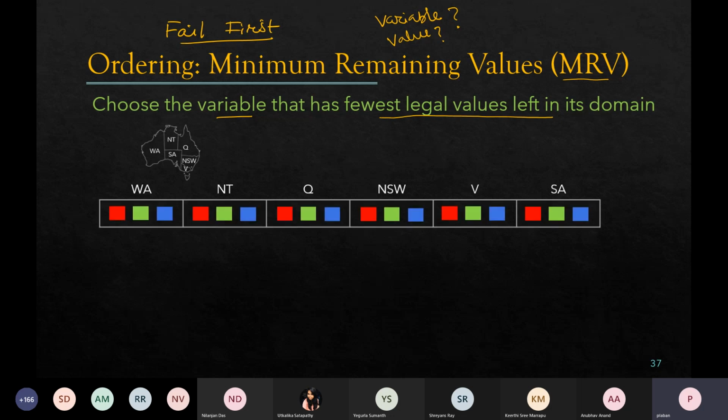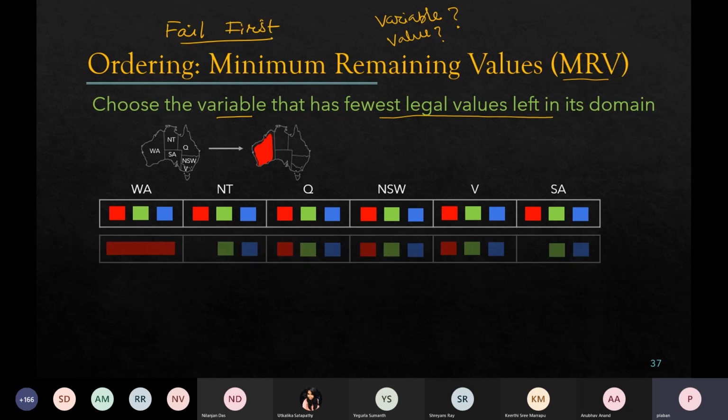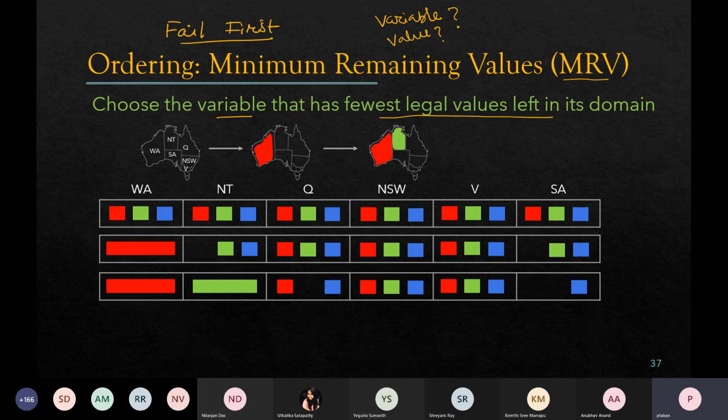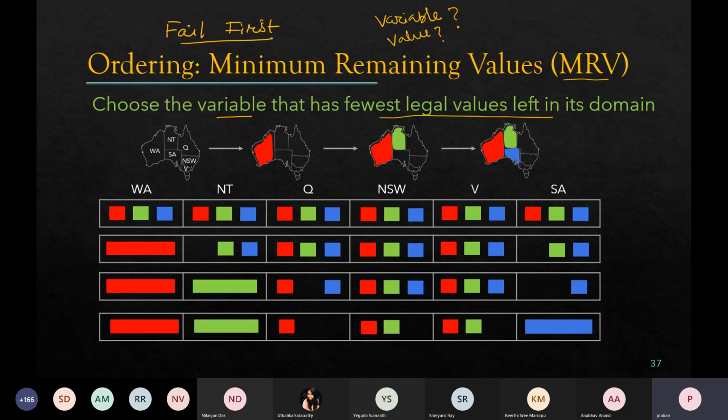The particular example in this case is the scenario where we have assigned red to WA, and we have two variables NT and SA. We can select either one of them using MRV. Let us select NT to be assigned some value, say green. Now we have SA, which has only one value. We'll use that and go on assigning.